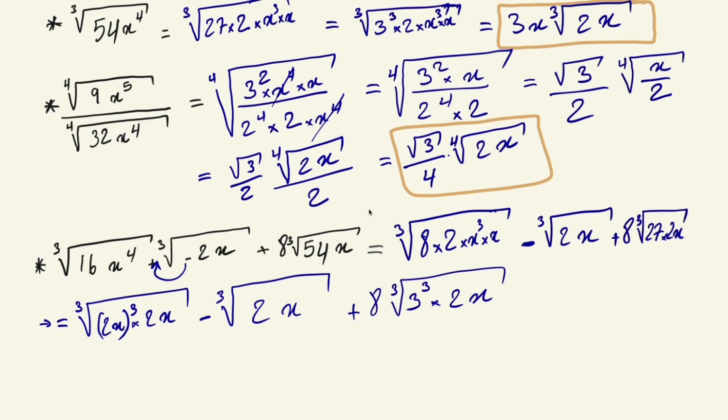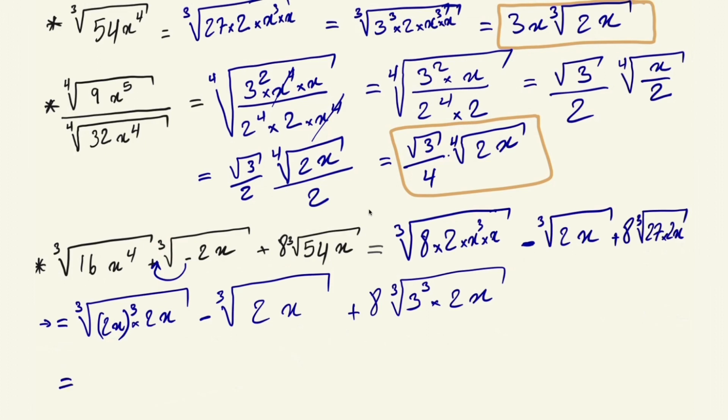So we see here we have a common factor. We have the third root of 2x, we have it here, and we have it here. So let's do that. We separate this so we can factor.